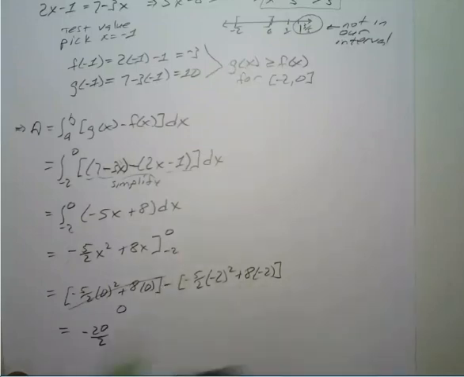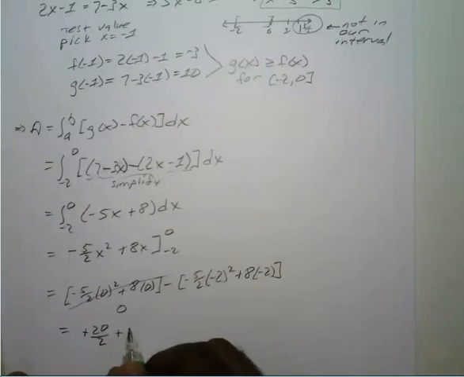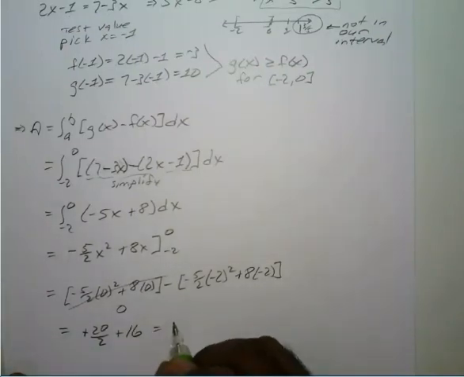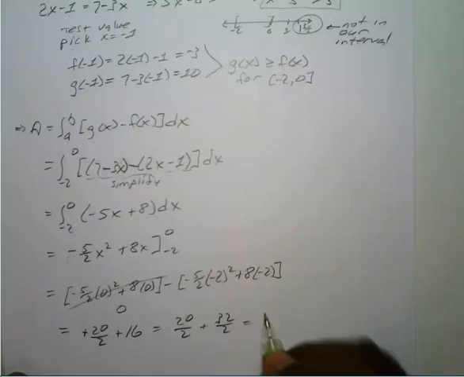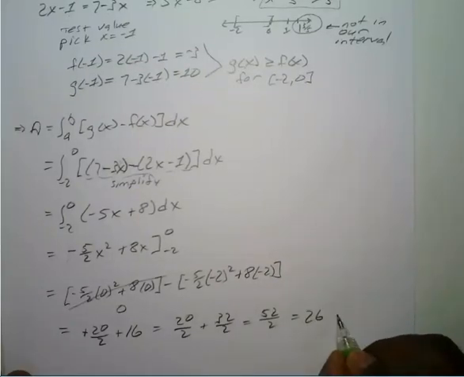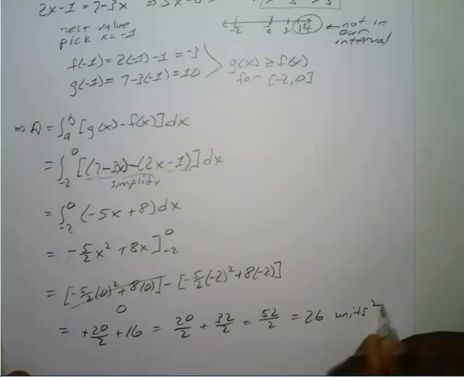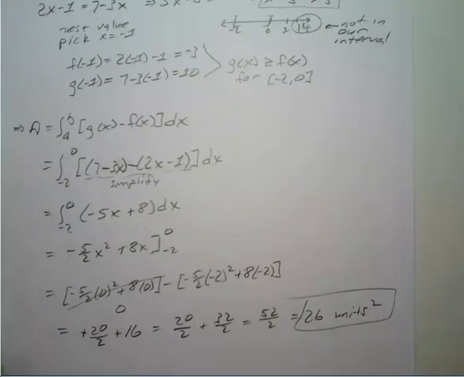But if you distribute, that becomes plus, so that's plus 16, which is equal to 20 over 2 plus 16. We can make that 32 over 2, which is 52 over 2, which is equal to 26 square units as the area of our region.